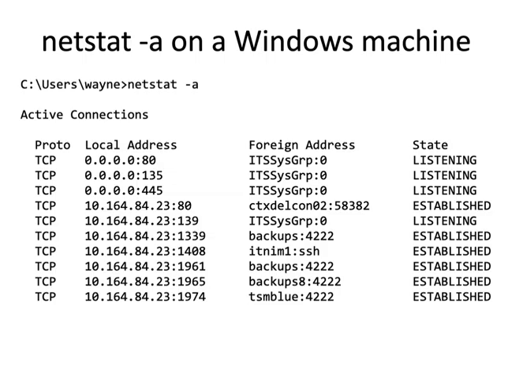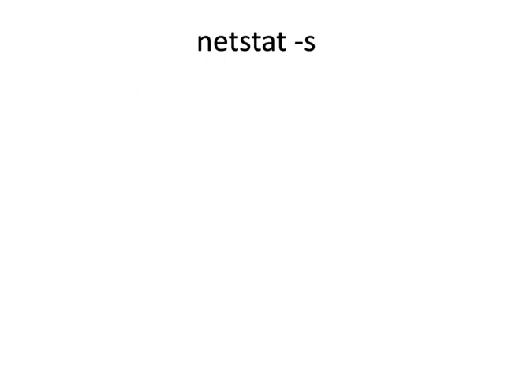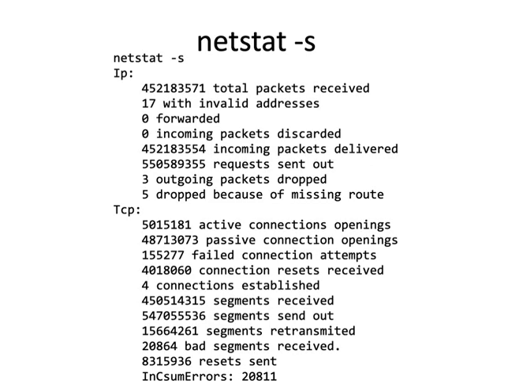So those last few slides were on the -a option. Now, if I look at the -s option, the s means statistics. And when I ran this on my local machine, I got 126 lines of output. I tried to grab some interesting complete sections here.